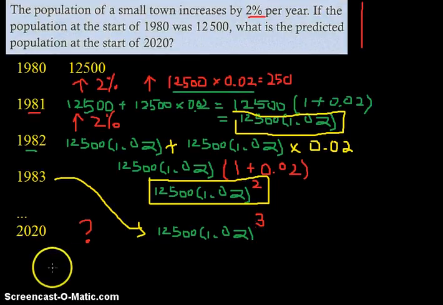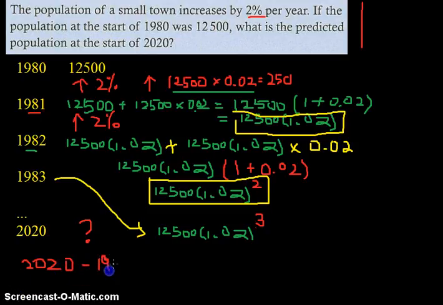Alright, so now that we see the pattern, basically we will always have this 12500 times 1.02 to the power of something, and that exponent would be how many years after. So now the question wants us to find the population for year 2020. From 1980 to 2020, that would be after 40 years. 2020 minus 1980, I have 40.